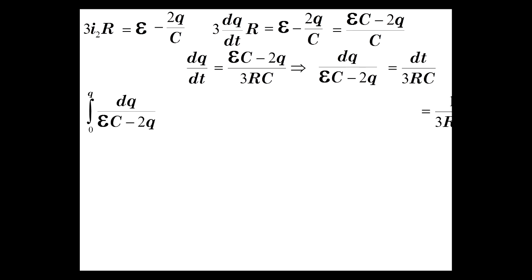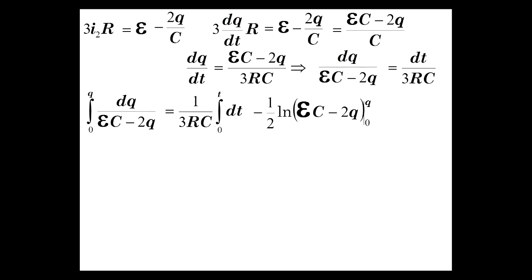Integrate both sides. There we go. And on the left-hand side here, we have a natural log function. dq, here's a q. So let's do it. Natural log of EC minus 2Q, and then divided by the negative 2.